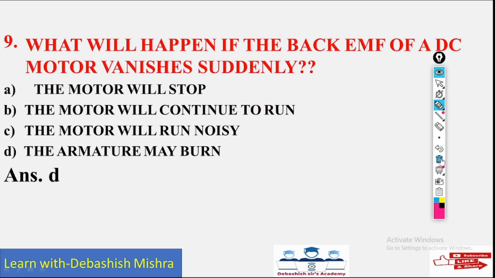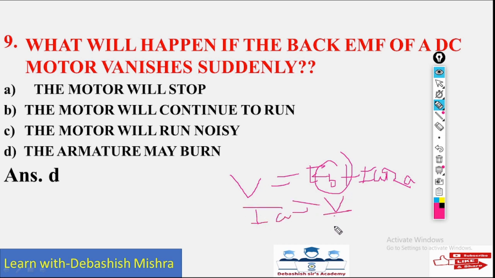What is the question? What will happen if the back EMF of a DC motor vanishes? We know V equals Eb plus Ia Ra. If there is no back EMF, then V equals Ia Ra, so Ia equals V by Ra.